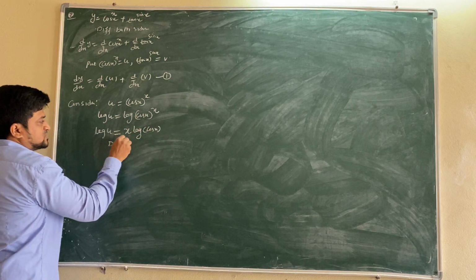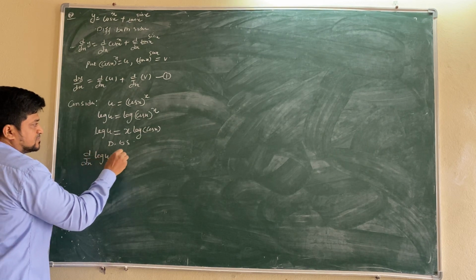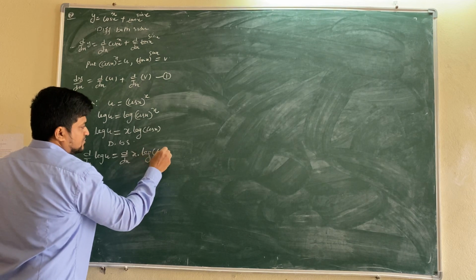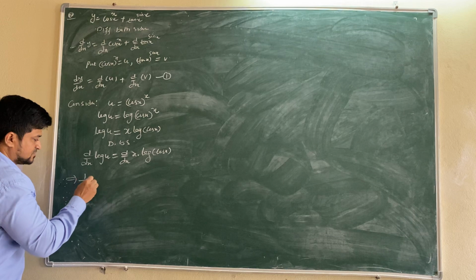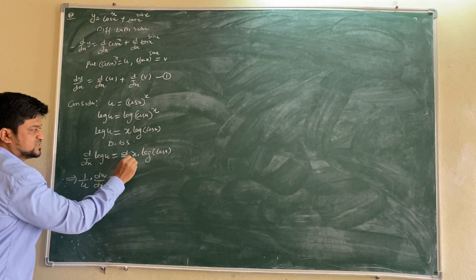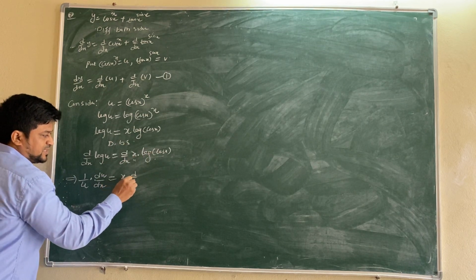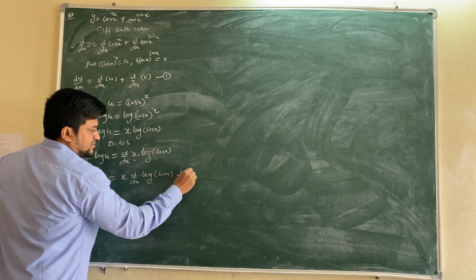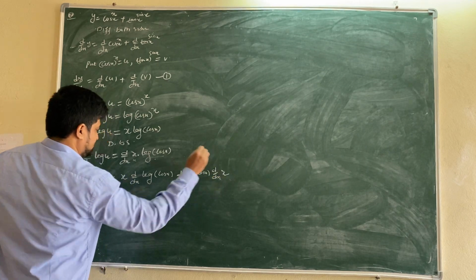Now differentiating both sides with respect to x. The derivative of log u is 1 by u du by dx. Then this is x and this total thing is a single term, so we use u d by dx of v plus v d by dx of u.